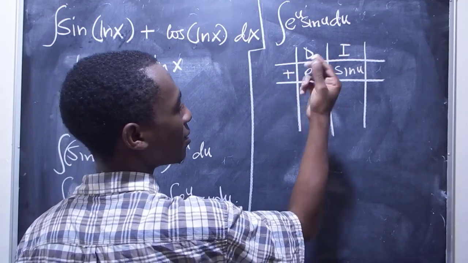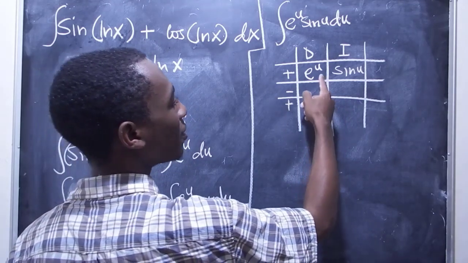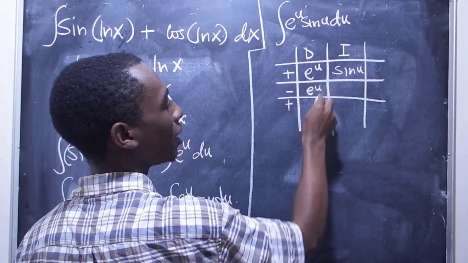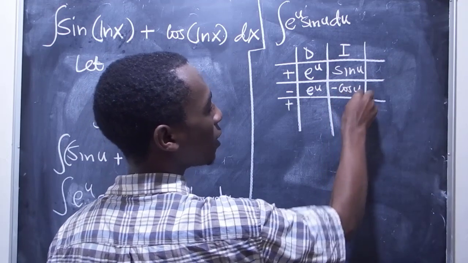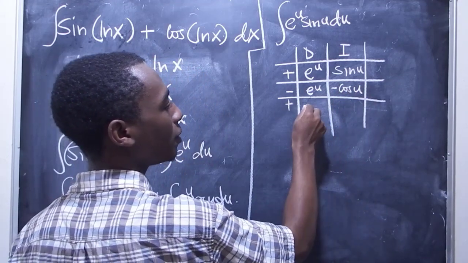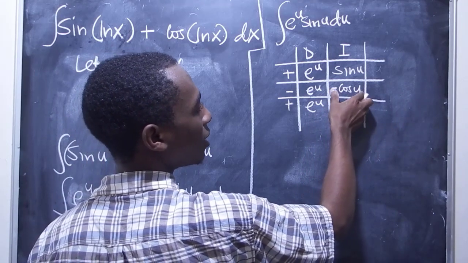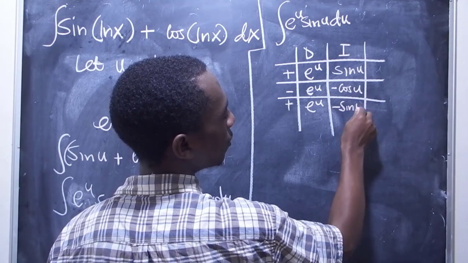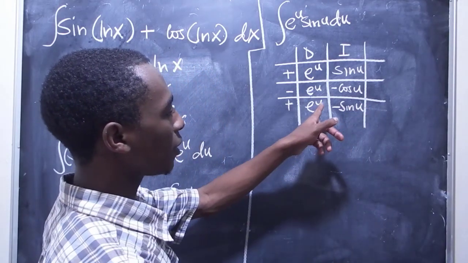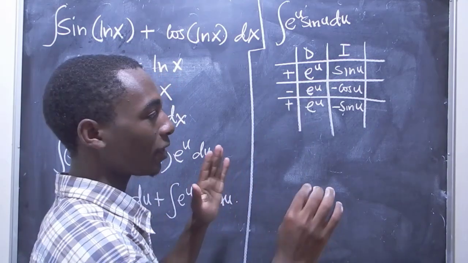So plus, minus, plus, that's how the method works. If I differentiate e to the u, I get that. If I integrate sine u, I get negative cosine u. If I differentiate e to the u still, and integrate negative cos u, that's negative sine u. At this point you can see e to the u sine u reappears, so we stop at that point.